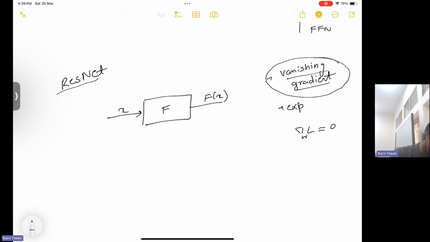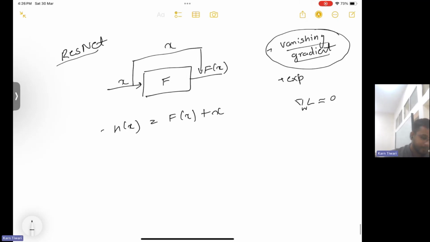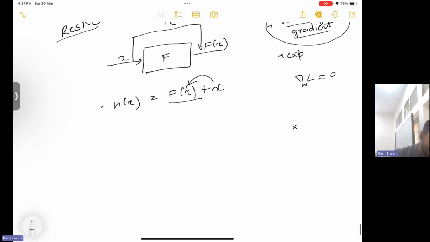So in the ResNet, they made one choice. They added it here. So basically, you can think of this whole operation, h of x, as f of x plus x. You are just adding the input again after performing the operation. You can think of it as: I am at a particular point, and this f of x is kind of modeling the derivative. So I'm adding a derivative, I'm moving it. If you do it again and again, I'm creating a trajectory in the feature space.